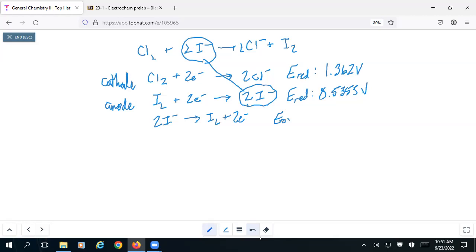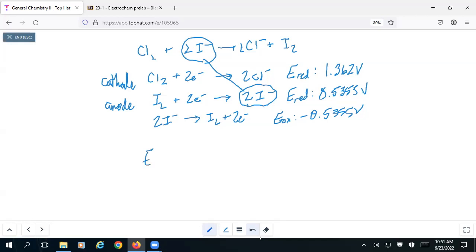And turn that reduction potential into an oxidation potential. One of the 2 has to happen. I either have to assign a cathode and an anode to them based upon the reaction that I'm given, not necessarily the values themselves. Or I have to flip it around to get it to match.